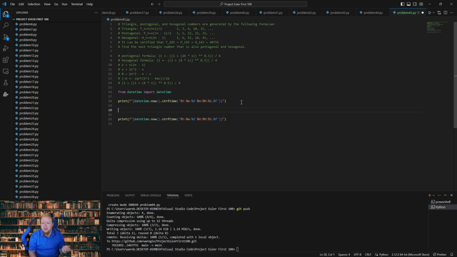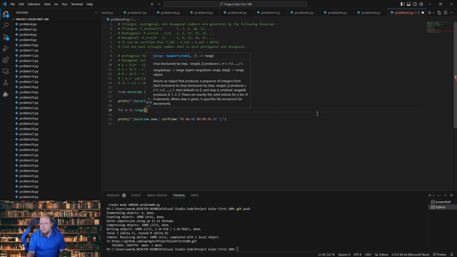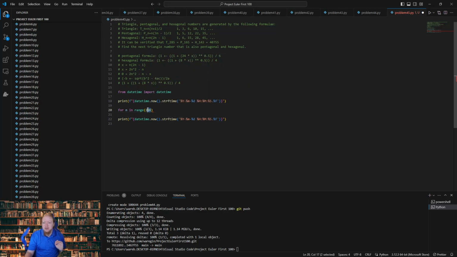Okay, so all we have to do is for n in range. And I'm going to go ahead and start with 286. I don't have to do it this way, but since we already know that we have this 285, and we want to find the next triangle number, we know we need an n of at least 286 for triangles.